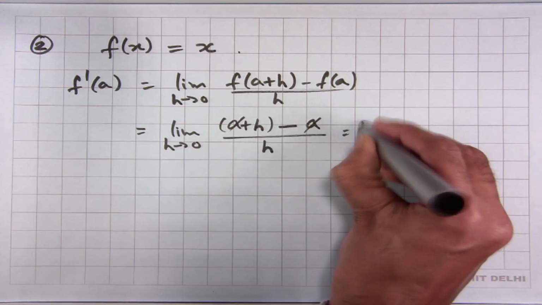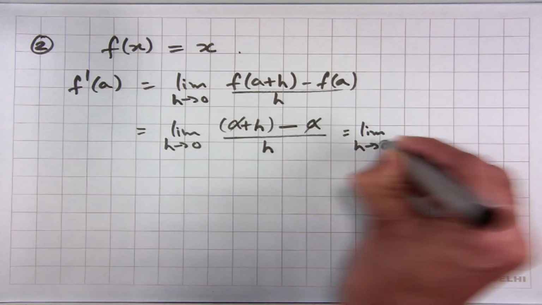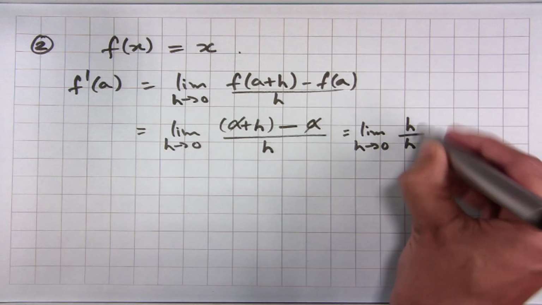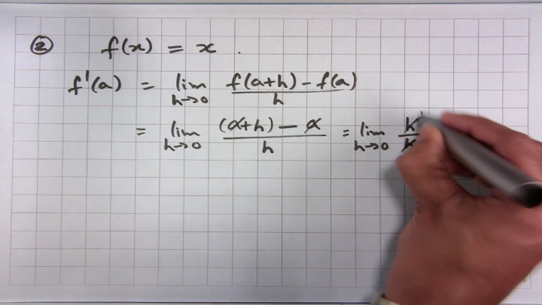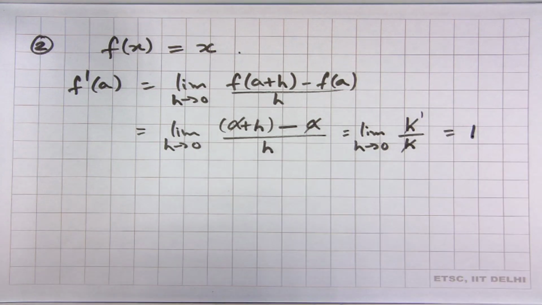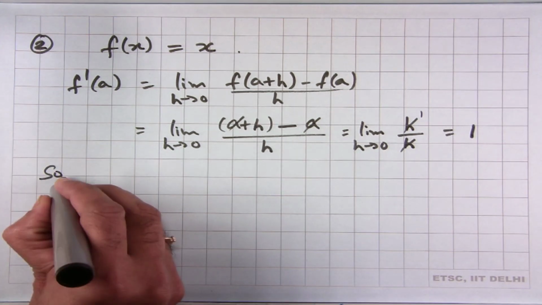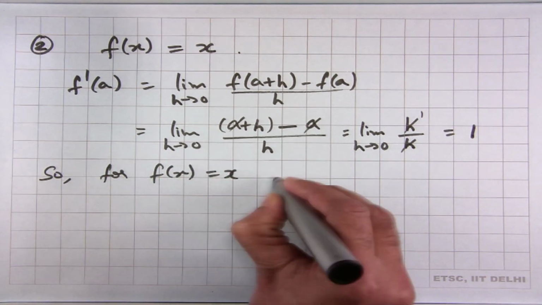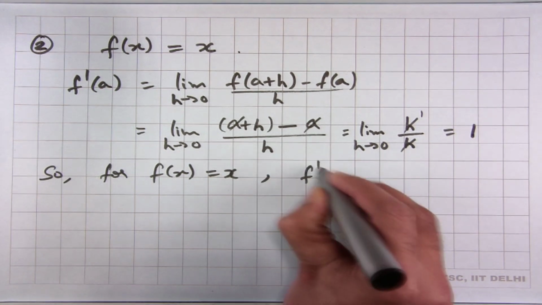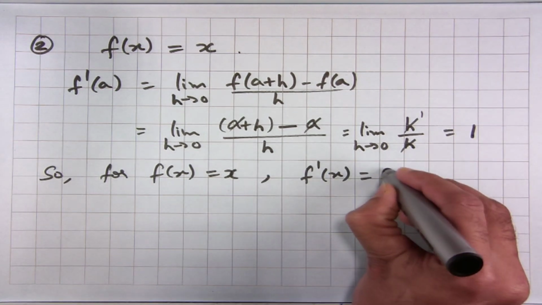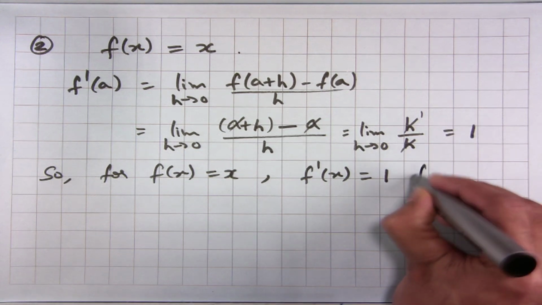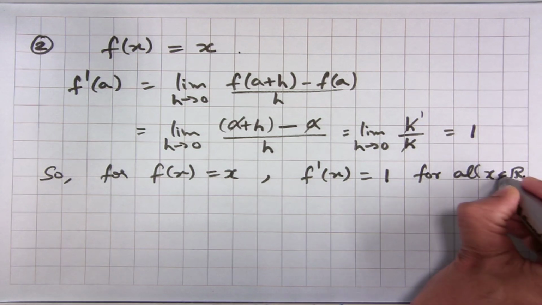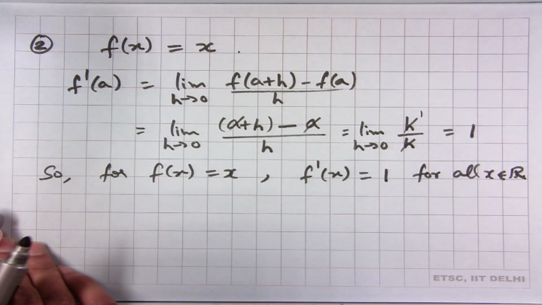So, this is equal to the limit h going to 0 of h over h, and for any non-zero h, h over h is 1. So, this limit is equal to 1. So, for f x equal to x, the derivative f prime x is equal to 1 for all x in R. Okay.